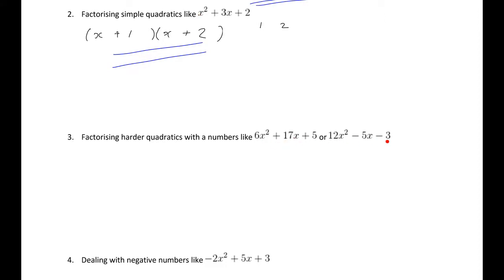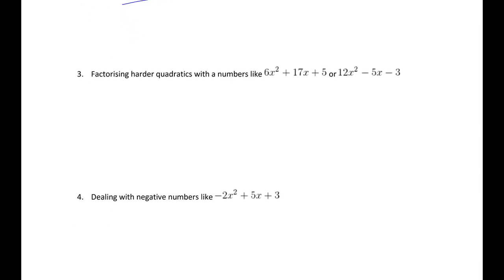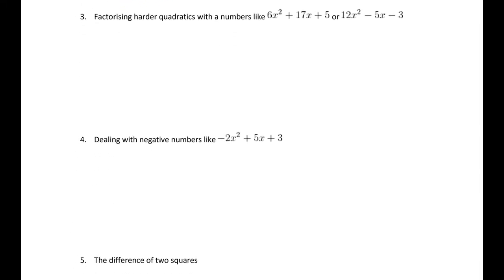Next, we're going to look at what we do when we have got a number. So, we've got 6x squared plus 17x plus 5. Now, the trick for this one. Take your number in front of x, times it by this number on its own over here. 6 times 5 equals 30.